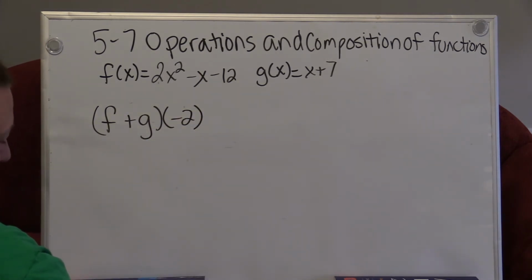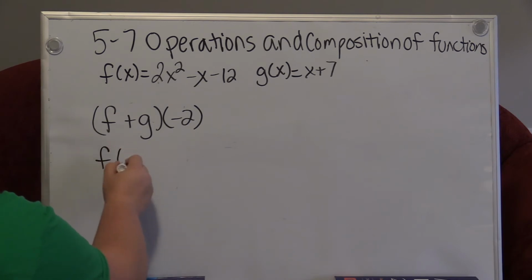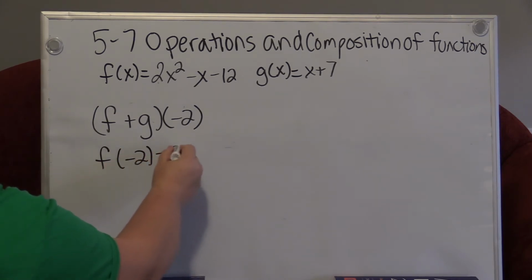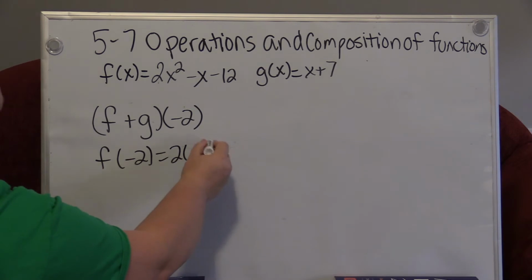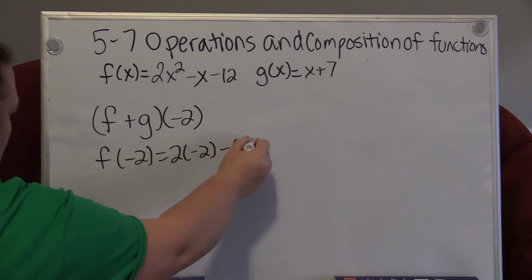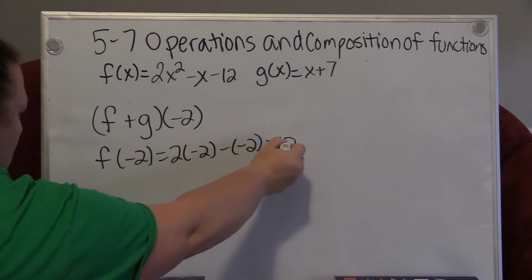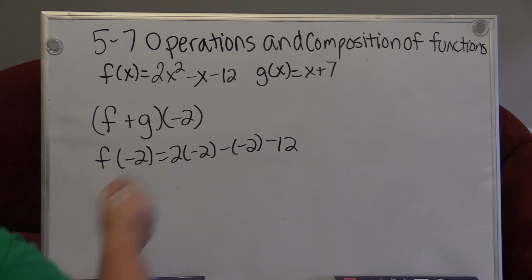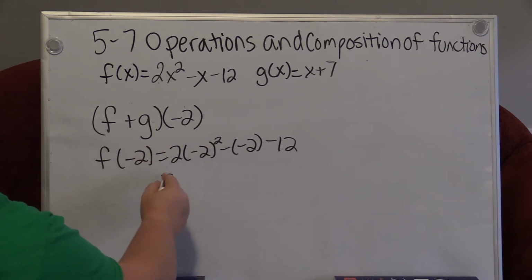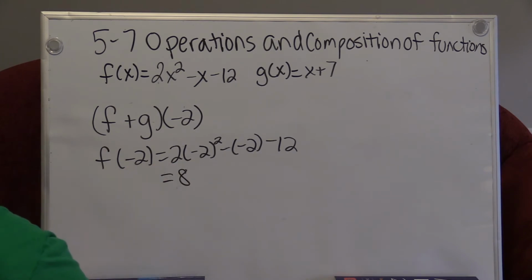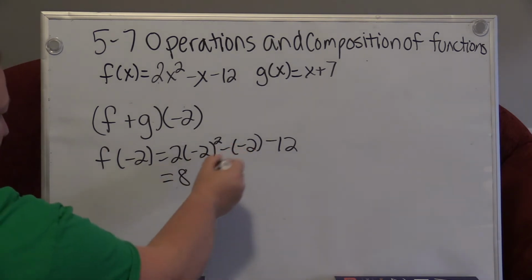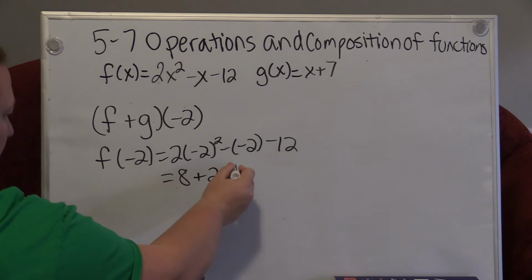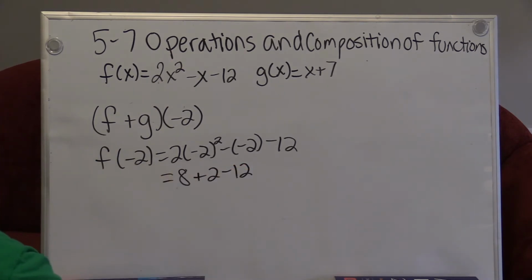So what I'm going to do first is find f of negative 2. So I get negative 2 squared is 4 times 2 is 8. Minus negative 2 is plus 2 minus 12.